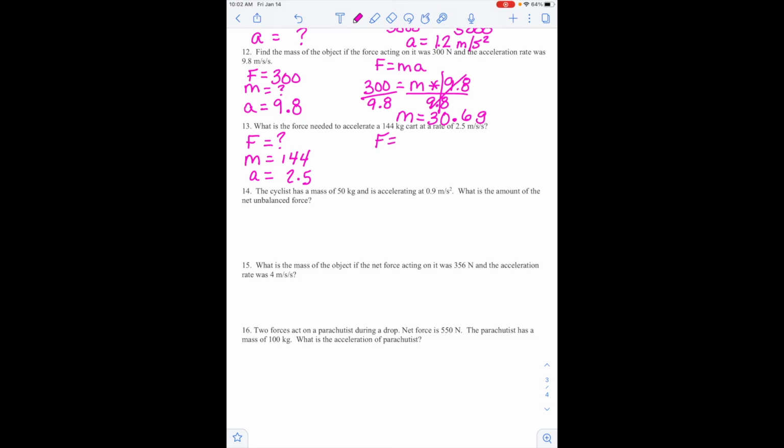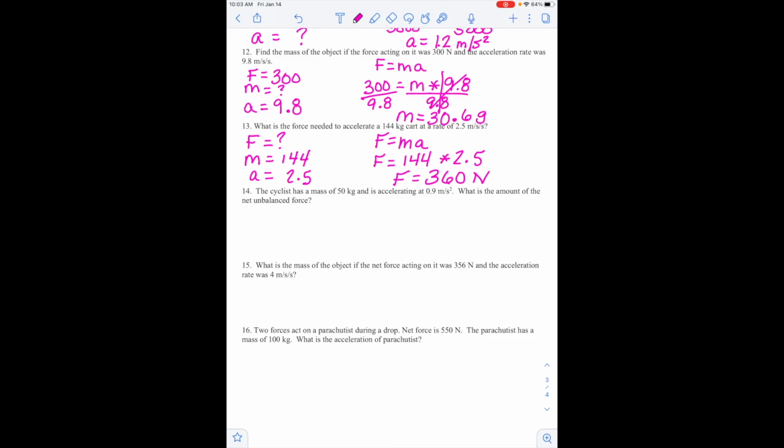So F equals ma. F is equal to our mass, 144, times our acceleration of 2.5. So 144 times 2.5 is equal to 360. And our answer is in newtons.